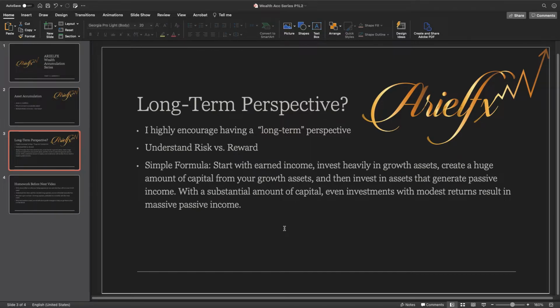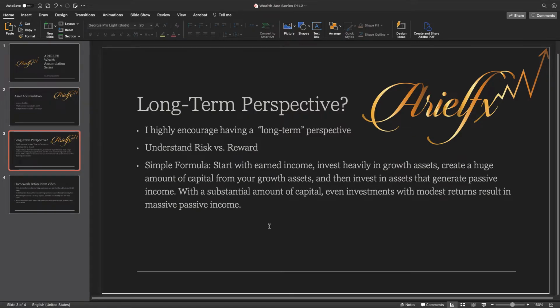The simple formula, and I'll give credit to one of Robert Kiyosaki's close advisors, his CPA, Tom Wheelwright, whose book I highly recommend, Tax-Free Wealth, is this: start with earned income, invest heavily in growth assets, create a huge amount of capital from your growth assets, and then invest in assets that generate passive income.